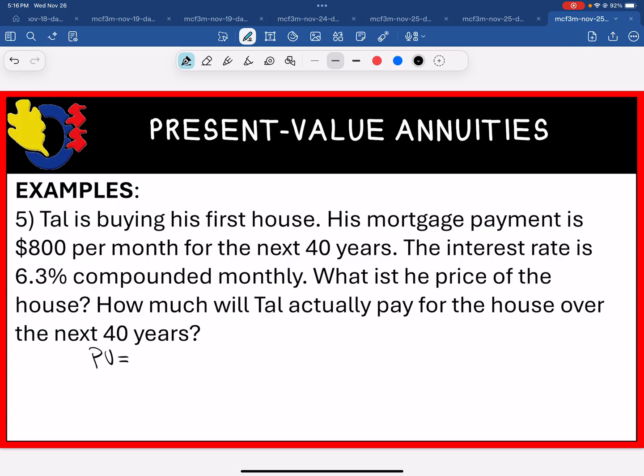Again, decode the problem. So we're looking for the PV. 800 is the R. The interest rate, 0.063 compounded monthly, so divide by 12. 40 times 12, 480.